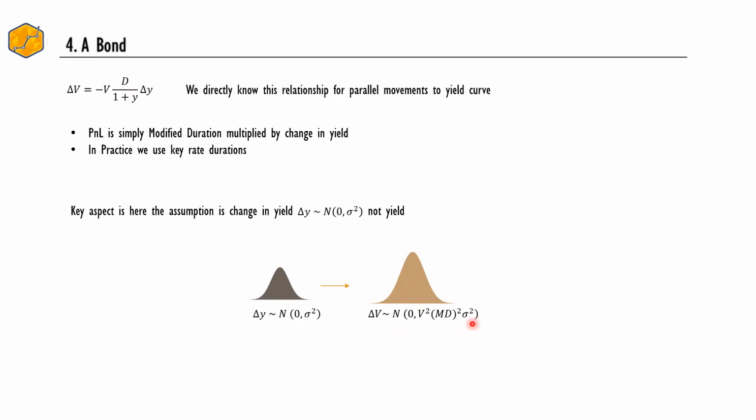The only thing is that the variance will get scaled up by this factor. See, the whole thing is a scalar, right? The whole thing is a constant. V square times modified duration square, that becomes the variance of PnL. Once you get the distribution of PnL, you can calculate value at risk. It's just one step.